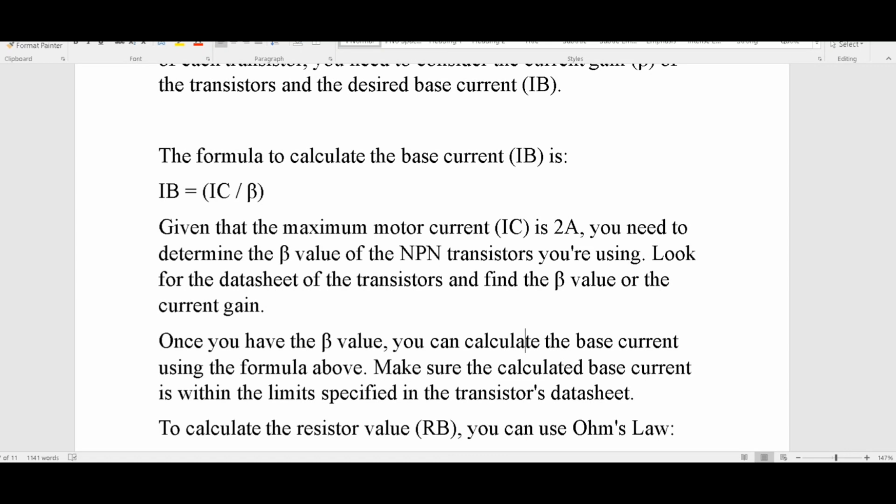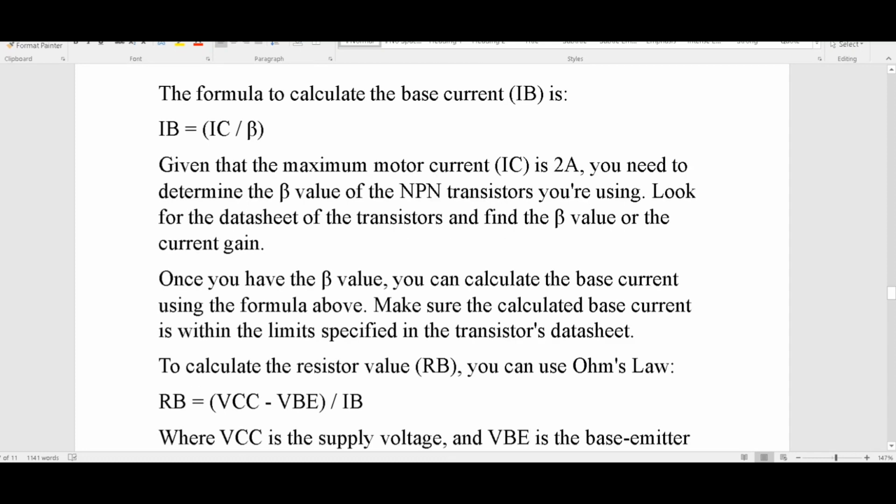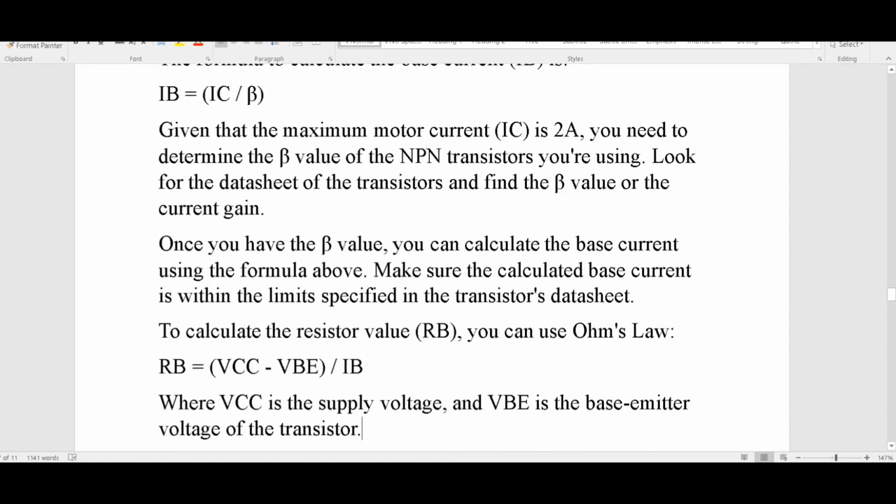Once you have the beta value, you can calculate the base current. You have IC, you have beta, so you can calculate IB. Now to calculate the resistor value, you use Ohm's law. RB equals VCC minus VBE divided by IB.